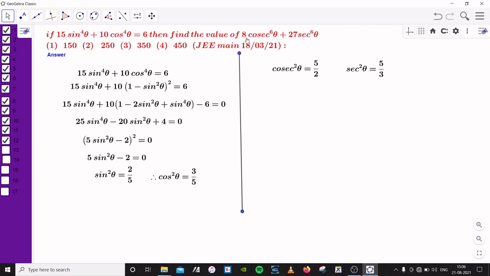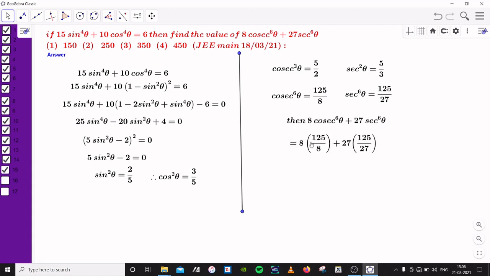We have to find out the value of 8 cosec raised to 6 theta plus 27 sec raised to 6 theta. Taking cubes on both sides, cosec raised to 6 theta is equal to 125 by 8. Similarly, sec raised to 6 theta is equal to 125 by 27. Now, take 8 cosec raised to 6 theta plus 27 sec raised to 6 theta.